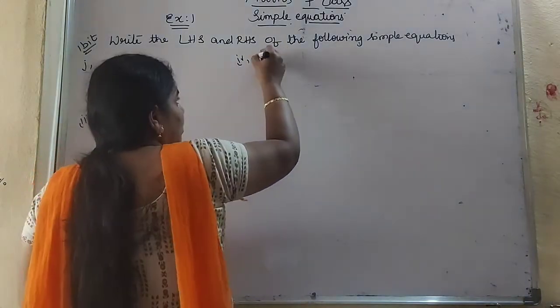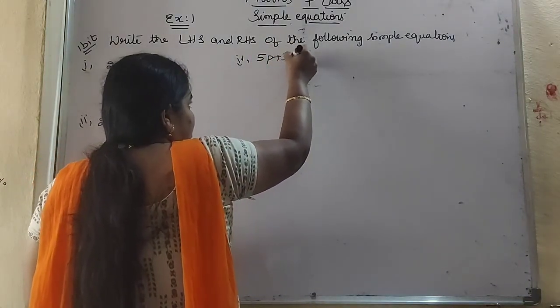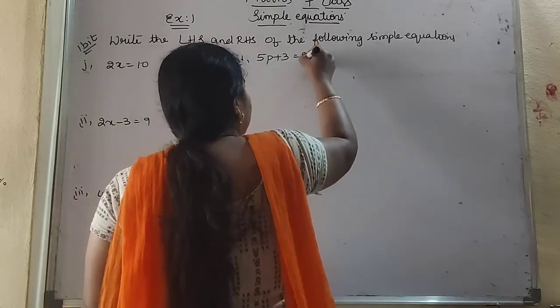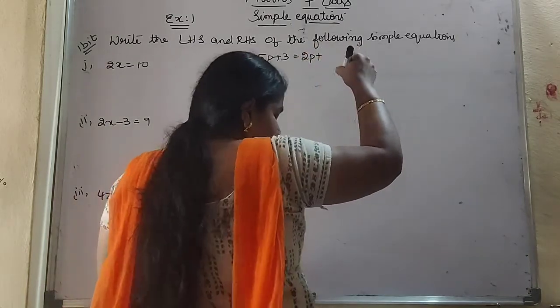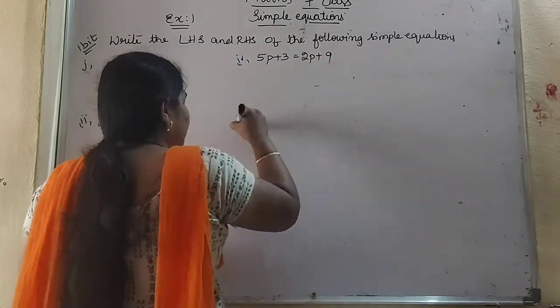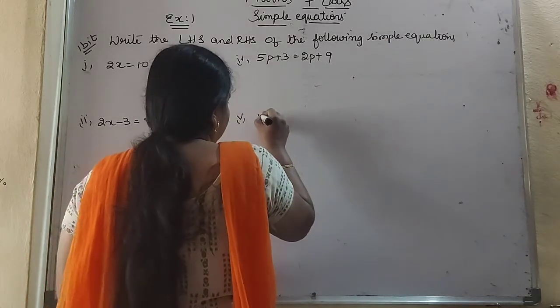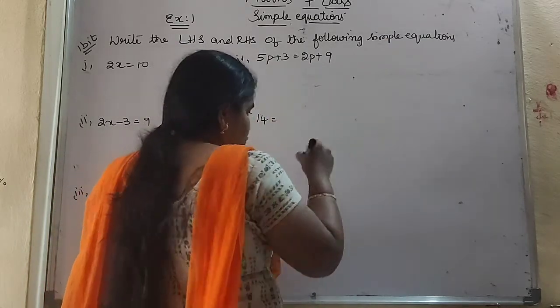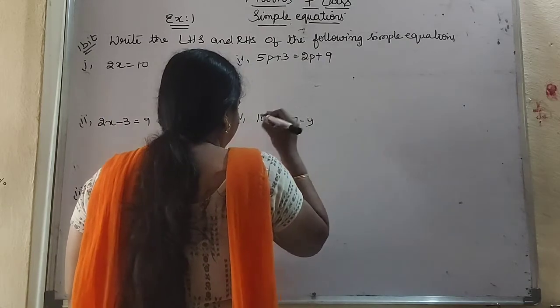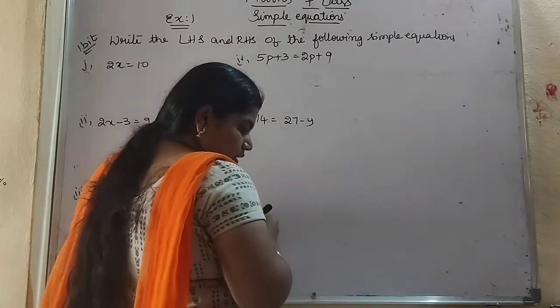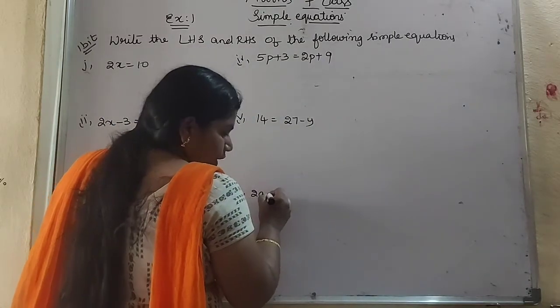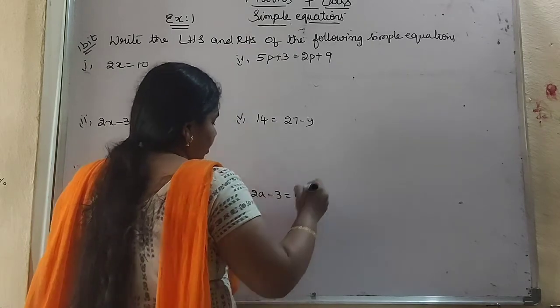Fourth is 5p plus 3 is equals to 2p plus 9. Fifth is 14 is equals to 27 minus y. Sixth is 2a minus 3 is equals to 5.